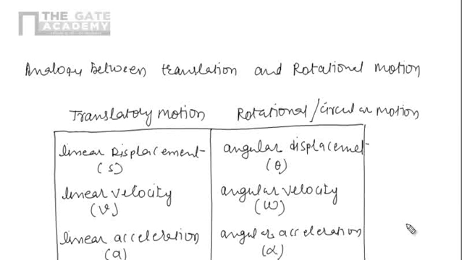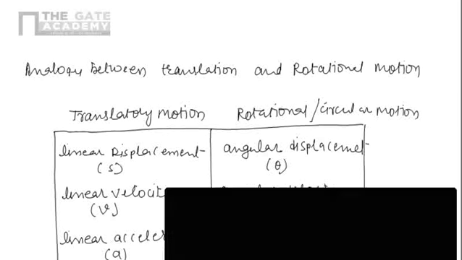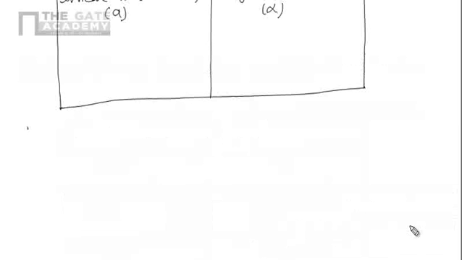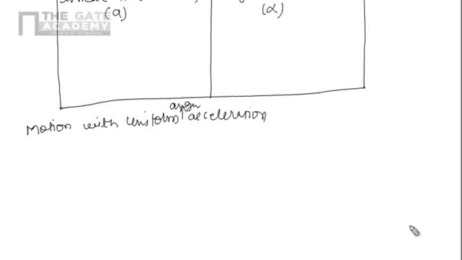Similarly, in case of rotational or circular motion also, we can write the same equations, but with the notation related to rotational motion, for problems based on motion with uniform acceleration. So now I will write the equations for motion with uniform angular acceleration.